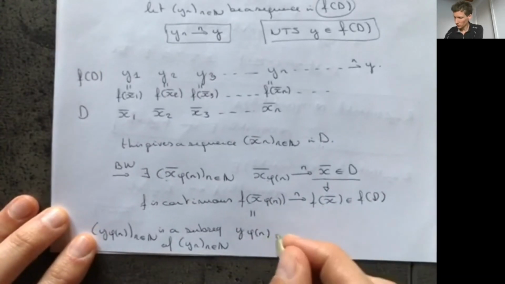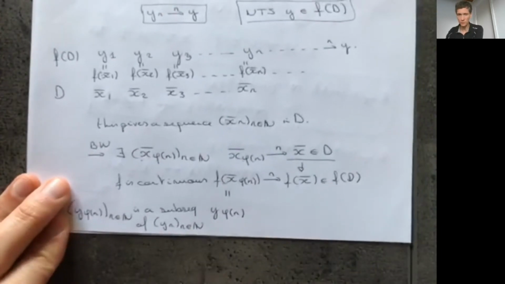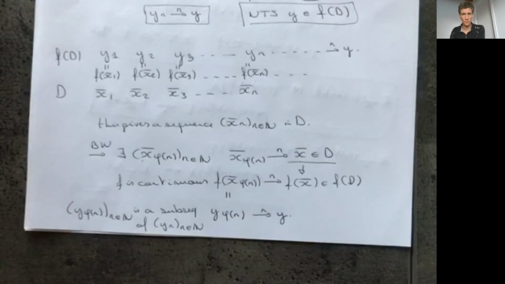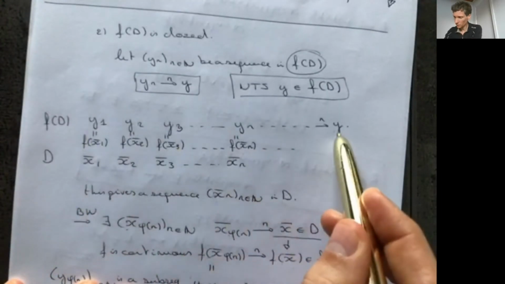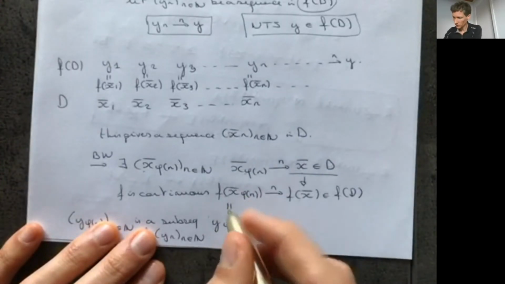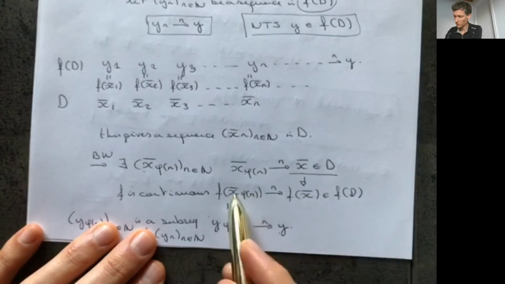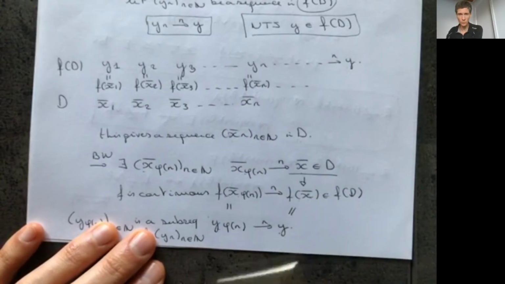And of course, because the sequence of y's converges to y, any subsequence converges to the same limiting number. So here we have a sequence of y's that converges to y. Here we have a subsequence that converges also to y, but this here says that this subsequence converges to f of x. And of course a sequence can only converge to one thing, so we see that f of x is equal to y.